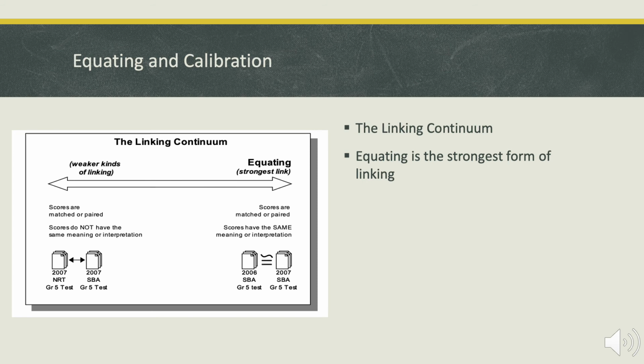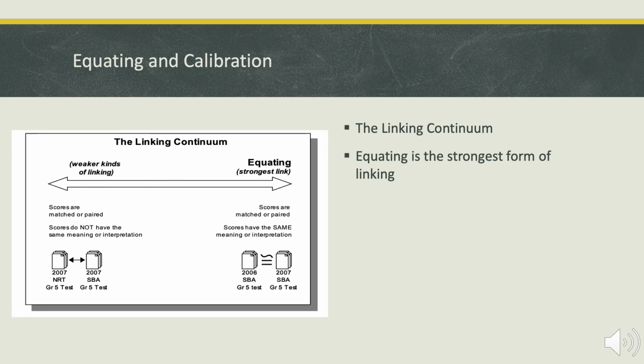It's a very technical procedure, and it's conducted to establish comparable scores that have equivalent meaning on different versions of the test forms, so that they can be used interchangeably. Equating is often misunderstood or used inappropriately.